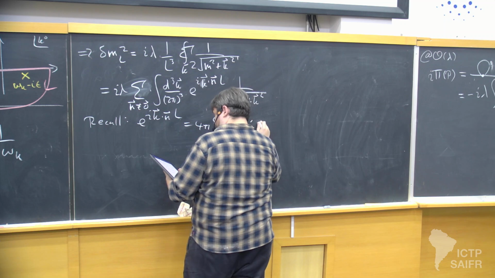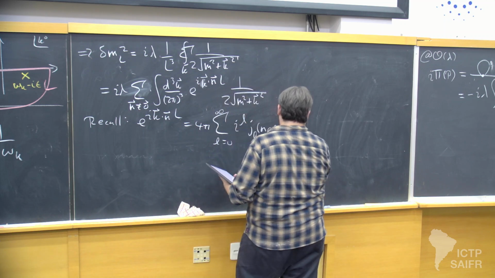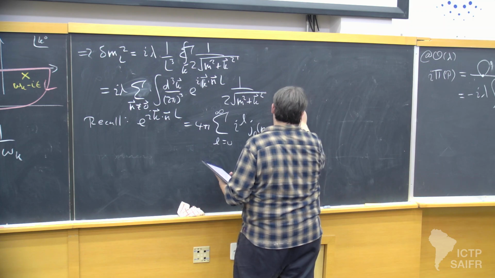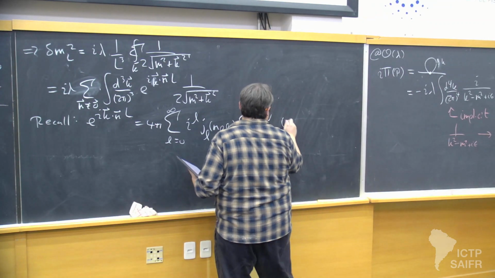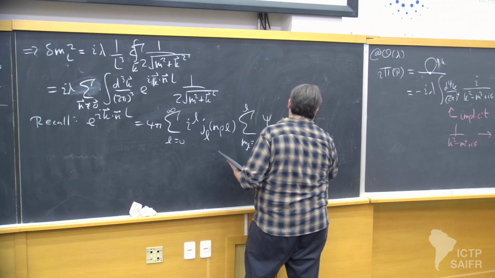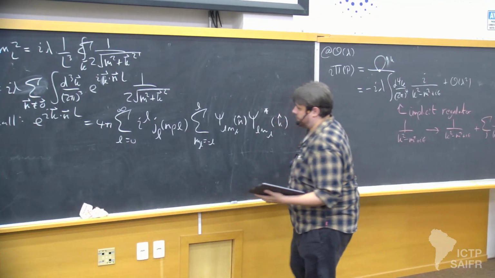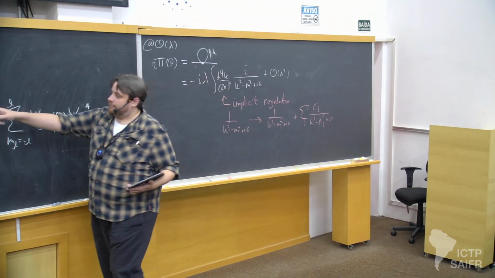Then you have these notorious Bessel functions. Right. So the angular bit we can get rid of.